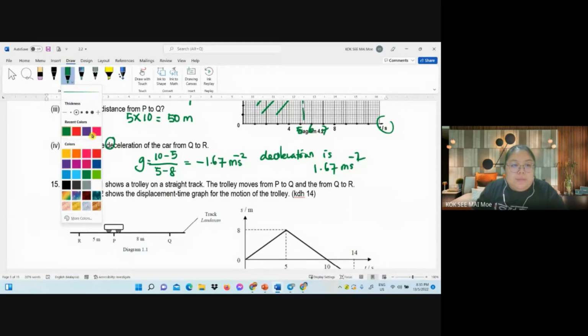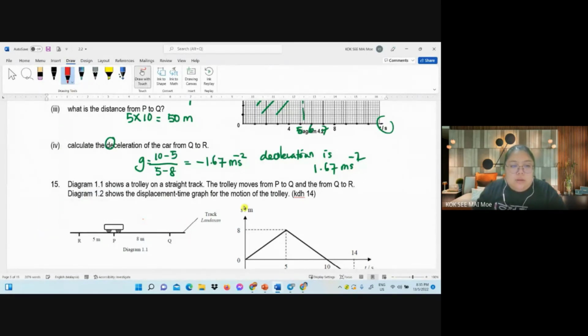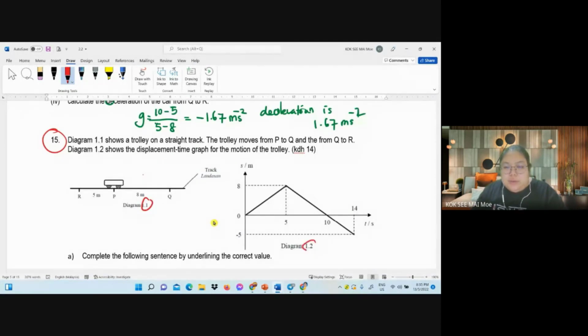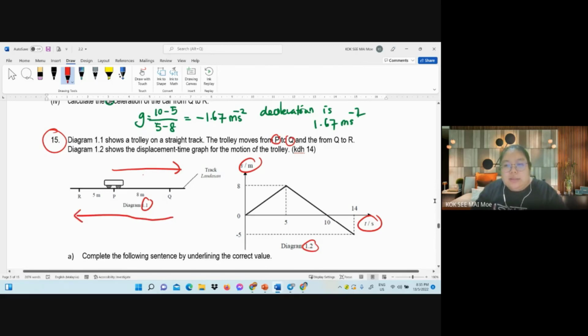Okay, then we go to this one, question 1.2. This one is a trolley moving P to Q, ST graph. After that, from Q go to R. So that means they go from here, and Q will go to the R. The situation is like this.